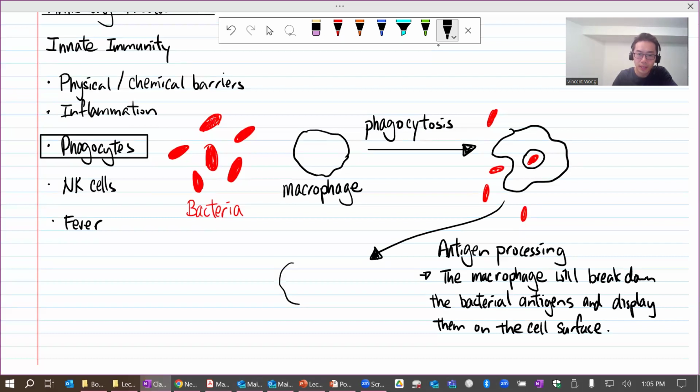So here is our macrophage again, and it's putting bits and pieces of the bacterial antigen on its surface.